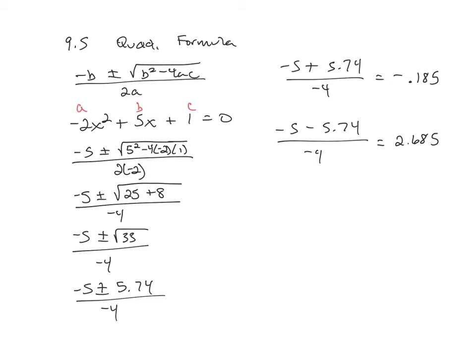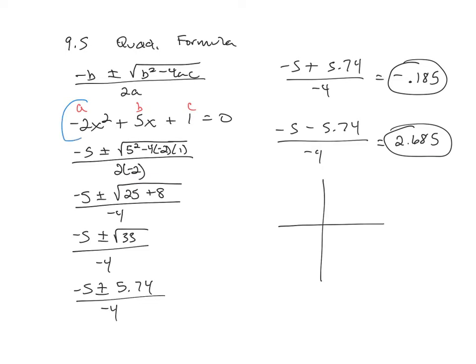Okay, so let's put this in context. Those are our two answers. What the heck did we just find? Well, remember, it's the points where they cross the x-axis of the graph. So that's reviewing a little bit of graphing stuff, but remember the a number is negative. So that means the graph is going to cross at negative, like 0.2, let's say, super close to 0.